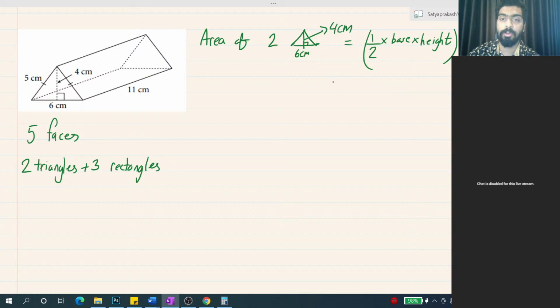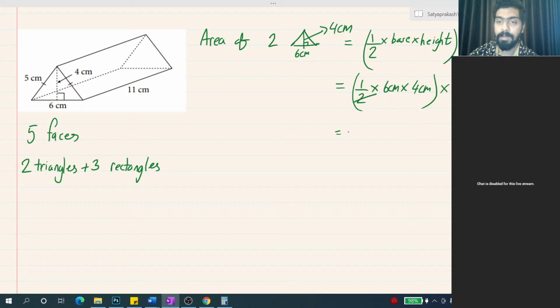Alright guys, so what we have right here is 1/2 multiplied by the base, which is 6 centimeter, multiplied by the height, which is 4 centimeter. And again, since there are 2 triangles, the front and back, which have the same area, I am going to multiply it by 2. As you can see here, when we multiply, we can easily cancel these 2, right?